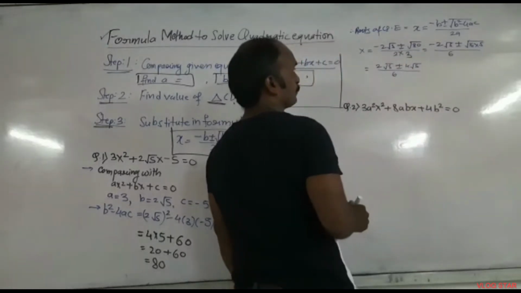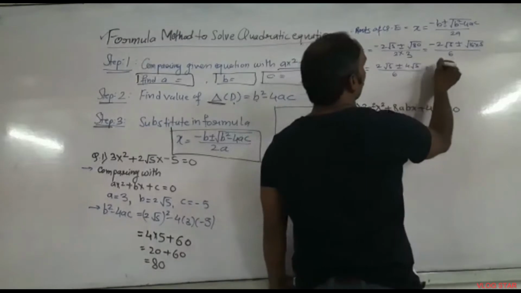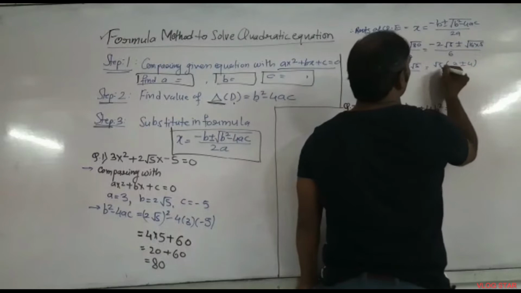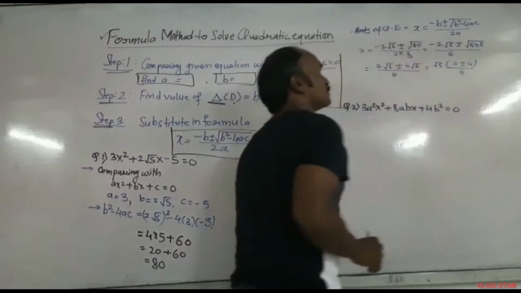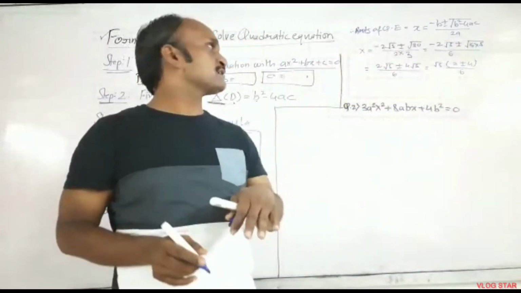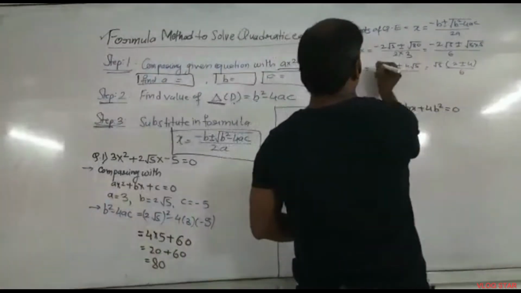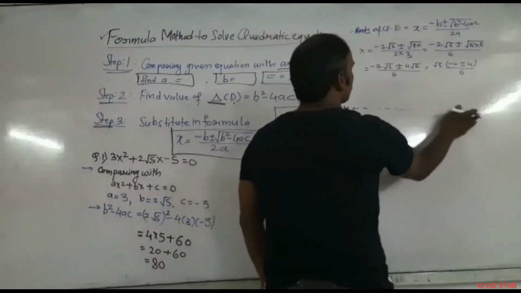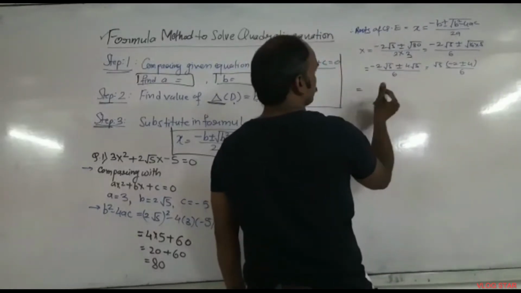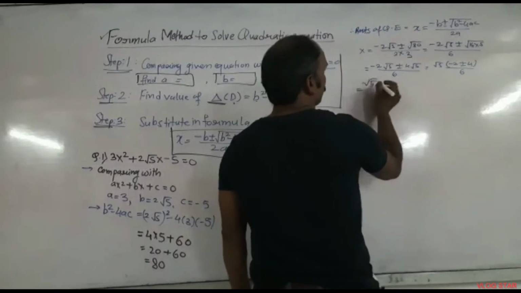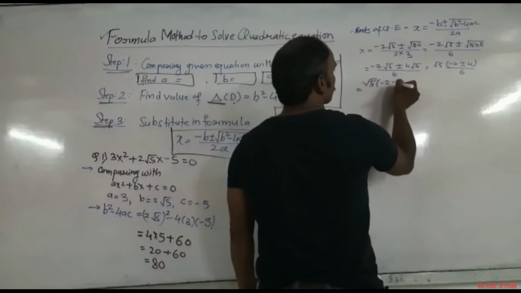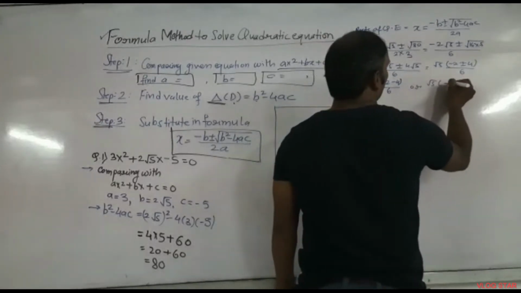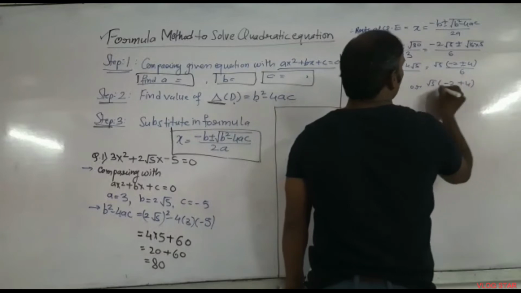So we can see root 5 is common here. So root 5 into minus 2 plus minus 4 divided by 6. So one time you have to take plus, other time you have to take minus. Remember there is a minus. So we can simplify this now. What we will get? Root 5 into minus 2 minus 4 divided by 6, or root 5 into minus 2 plus 4 divided by 6.